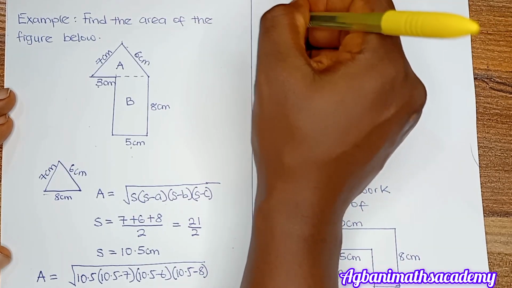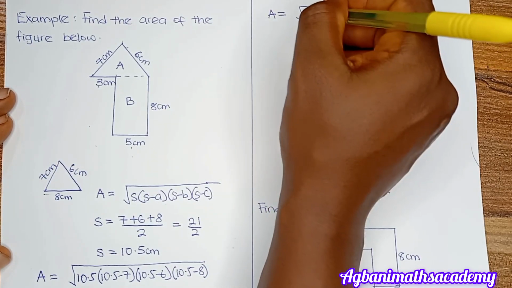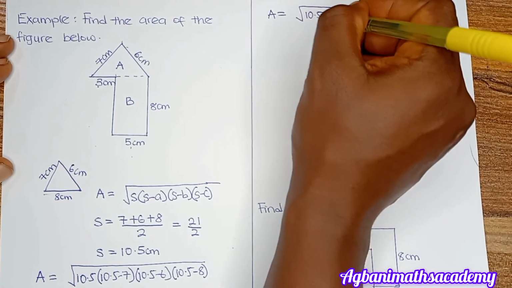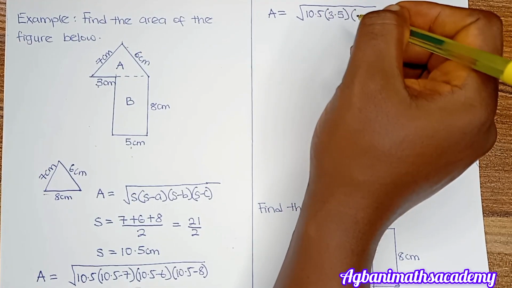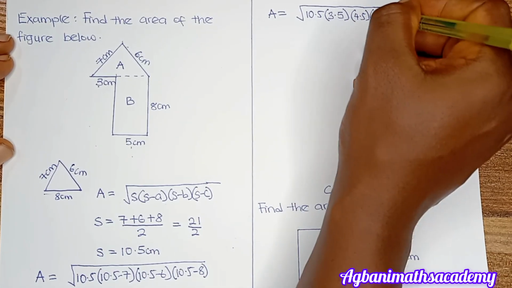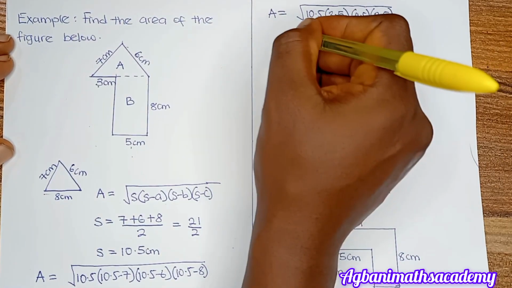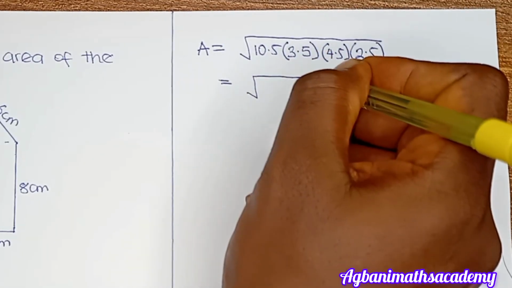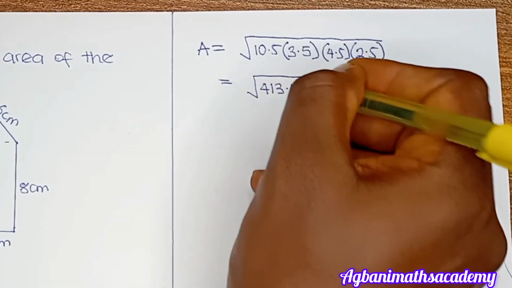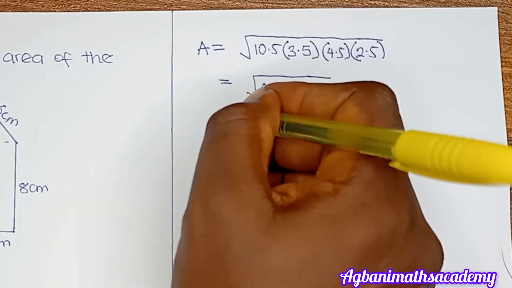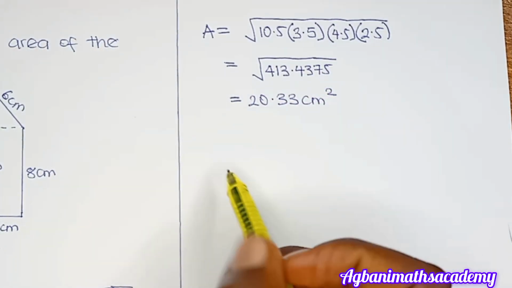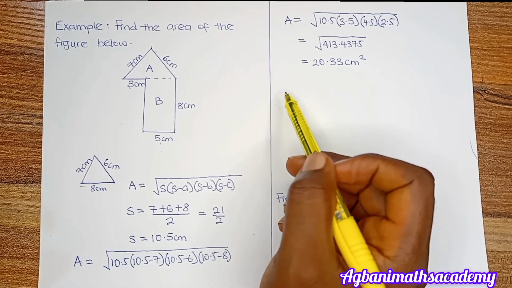Next, the area is equal to the square root of 10.5 into 3.5 into 4.5 into 2.5. This will give us the square root of 413.4375. So what will be the area? 20.33 centimeters squared.